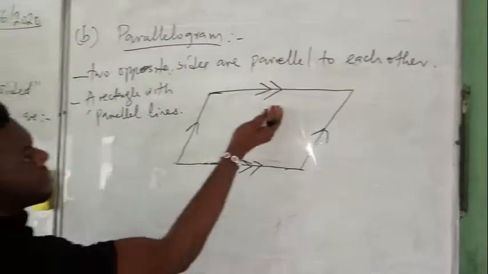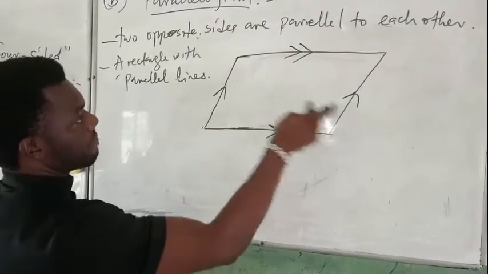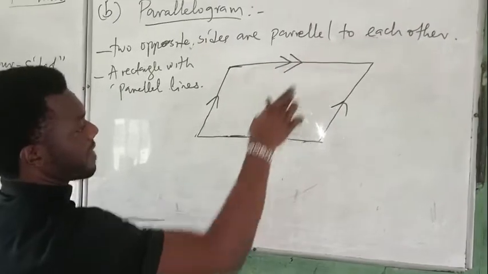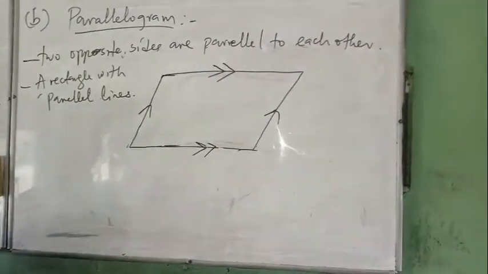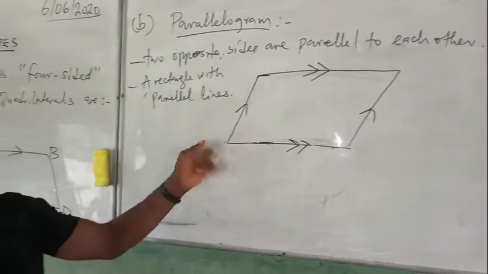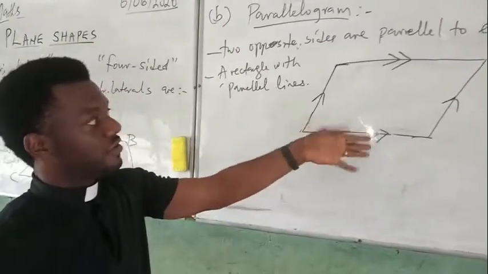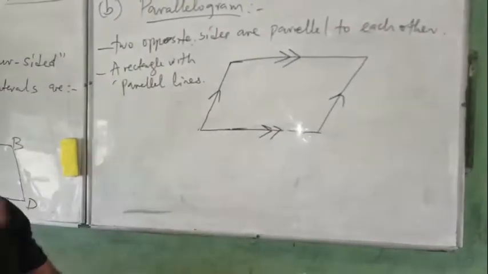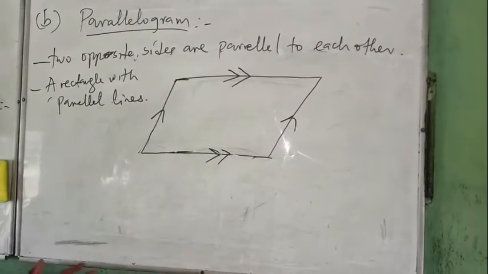This side is parallel to this side, while this side is parallel to this side. In other words, you can say that a parallelogram is like a rectangle, but the sides are slanted, and the opposite sides are parallel. So I think that is all.